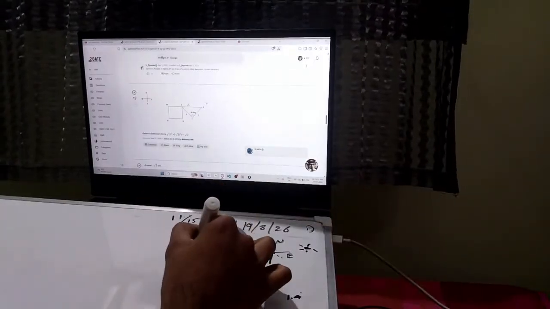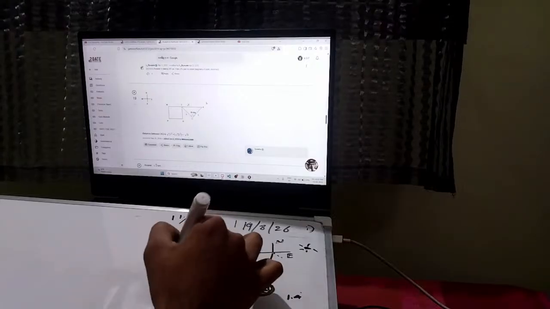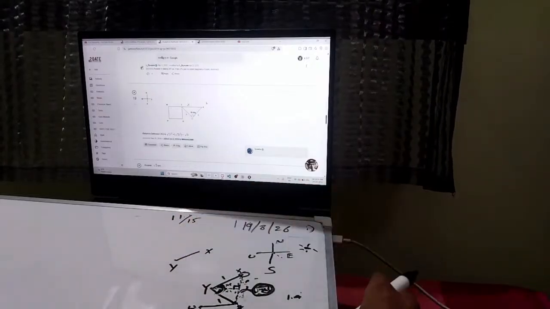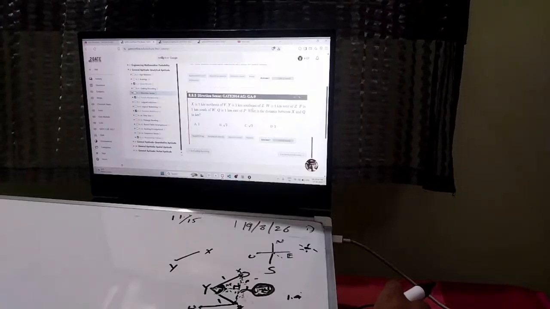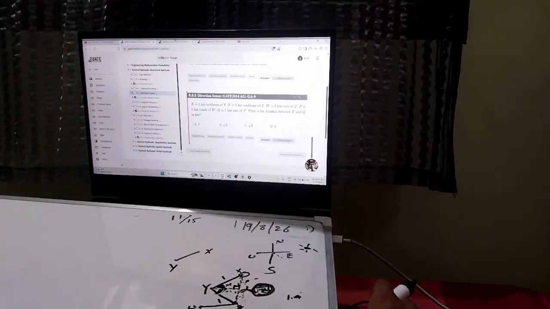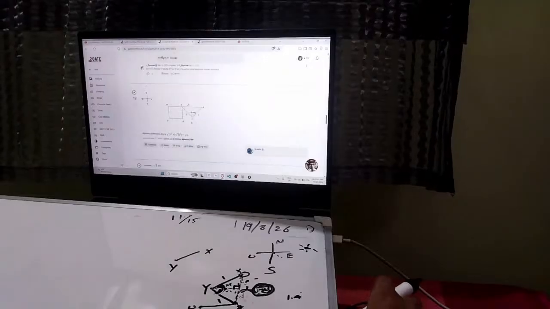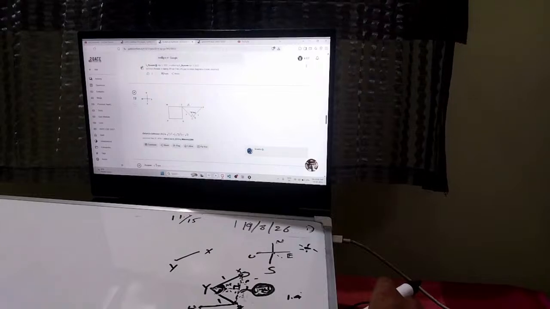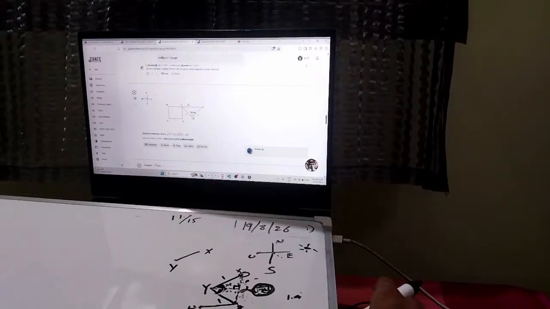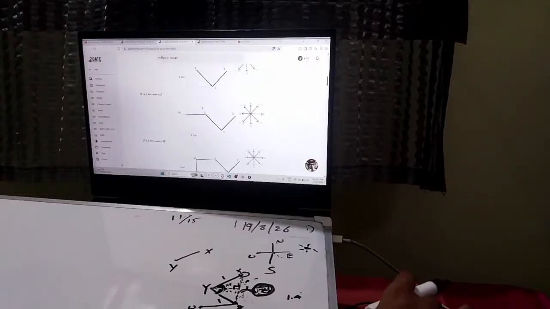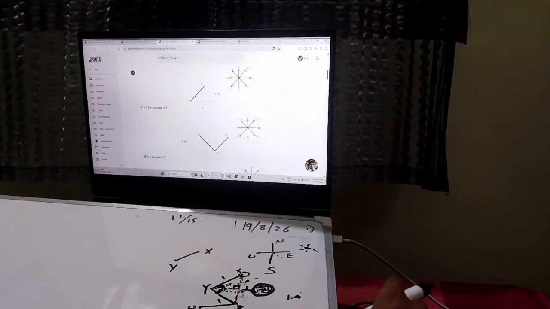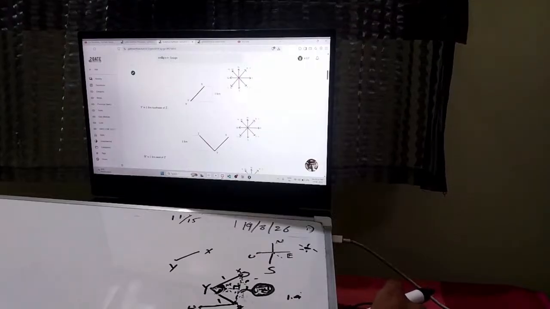And Y is 1 kilometer southeast of Z. Here, southeast. So let us see. X is 1 kilometer southeast of Z.